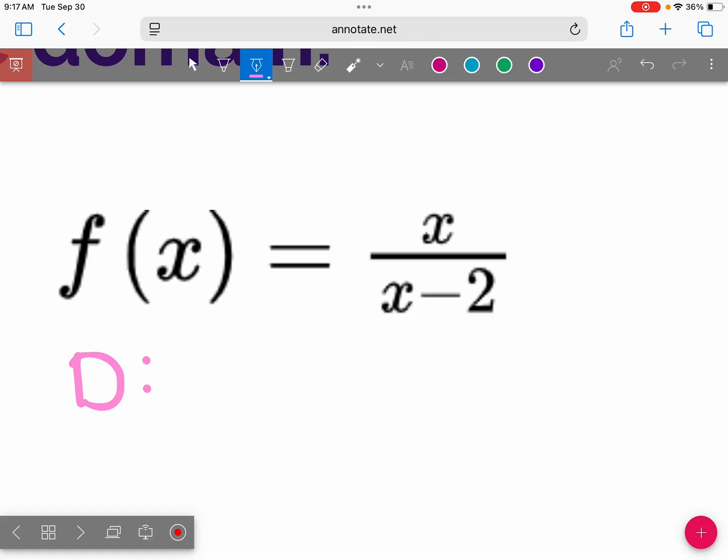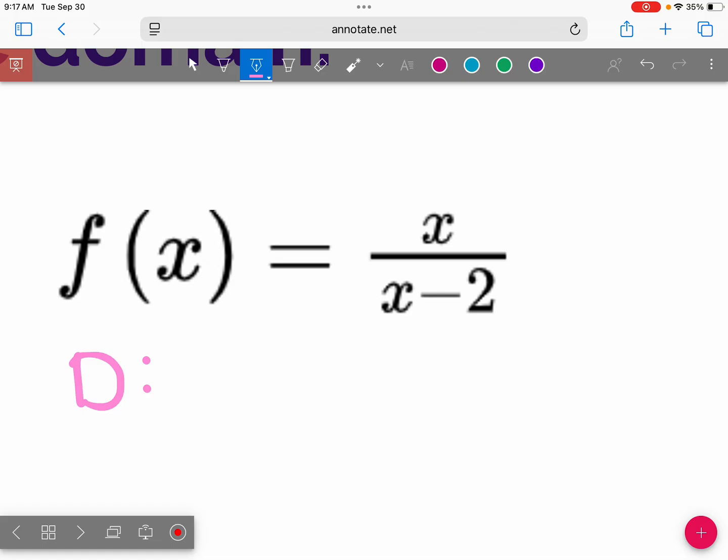And on these, a lot of times, it's going to be easier to state what's not in our domain than what is in our domain, and that's totally fine. At the end, we are going to write it in interval notation. But if you want to think about it, especially on these fractiony ones, as just everything except, totally valid. Because for our f of x, where do we have a problem? When our denominator equals 0, right?